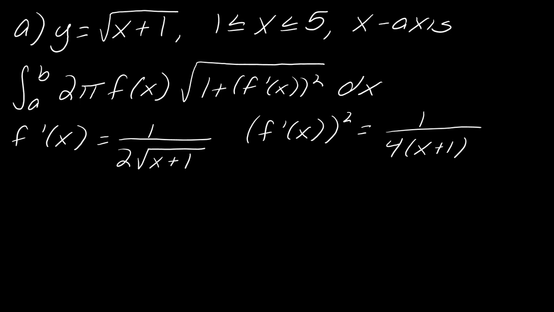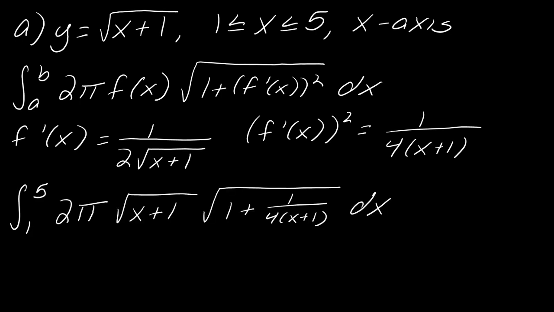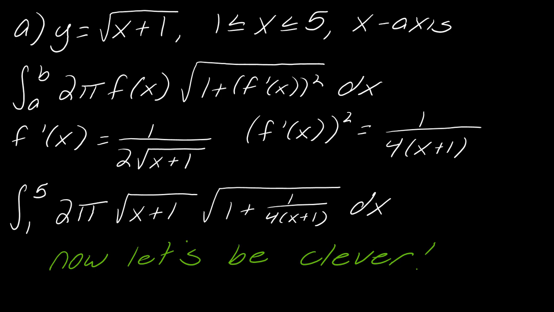Now if I plug everything into my formula, there's my 1, there's my 5, 2 pi, my f of x is going to be that function, and then I've got 1 plus f prime of x squared. At this point, we need to be a little careful. We need to be clever, and think about how we want to proceed with the problem.